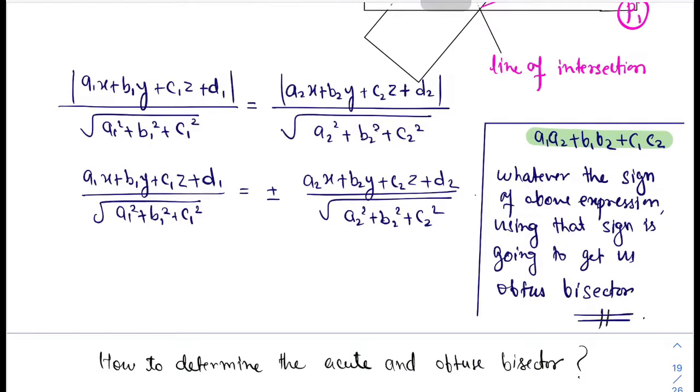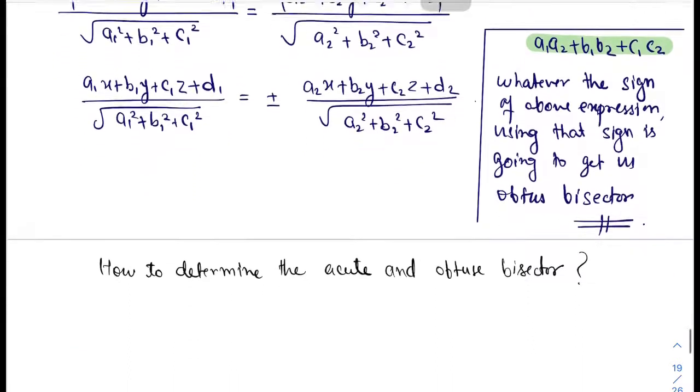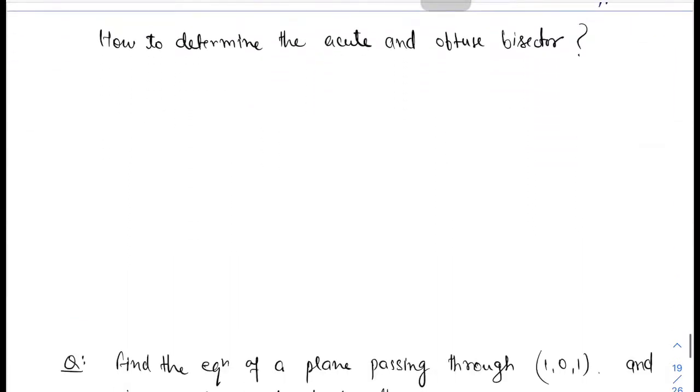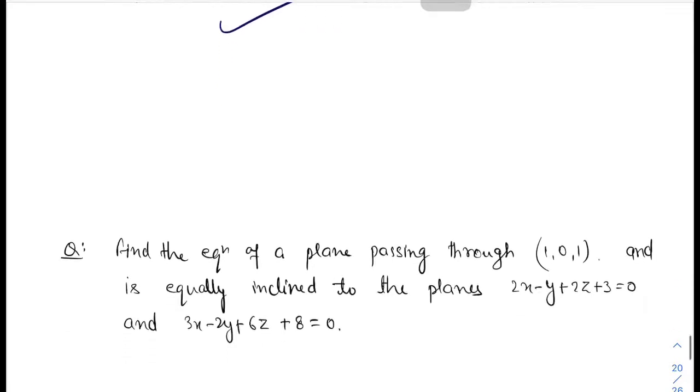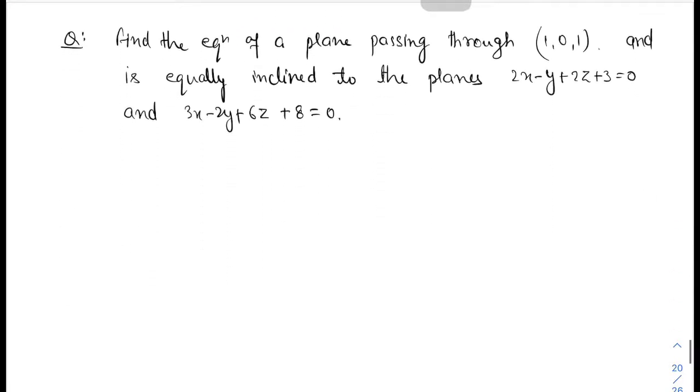There may be many other methods also, but this is the shortcut and this is very handy. So this was how to determine the acute and obtuse angle bisector. We have already seen it. Now let us move to examples.